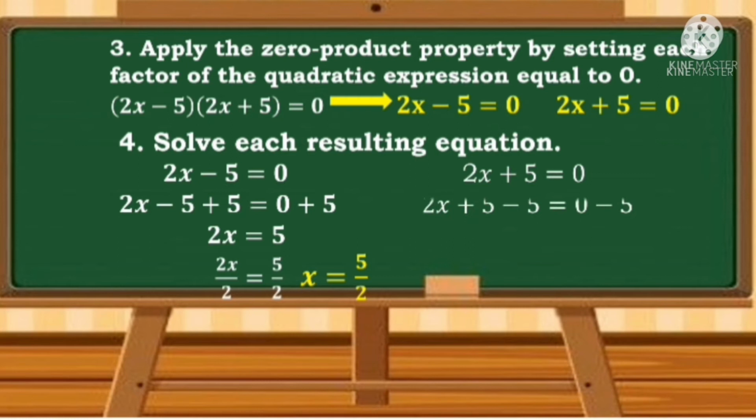Adding the opposite of positive 5 to both sides of the equation, it will become 2x plus 5 minus 5 equals 0 minus 5, so 2x is equal to negative 5. Divide both sides by 2 and x is equal to negative 5 over 2.